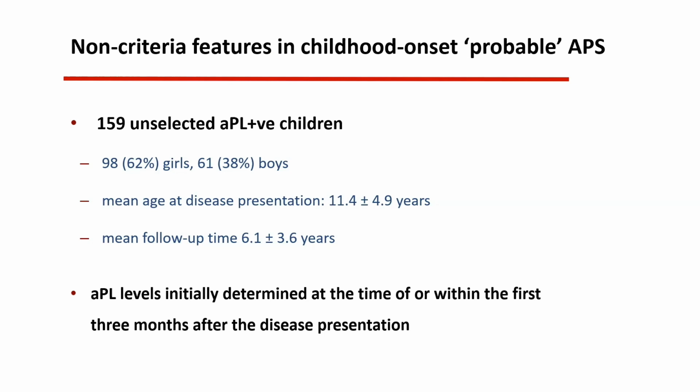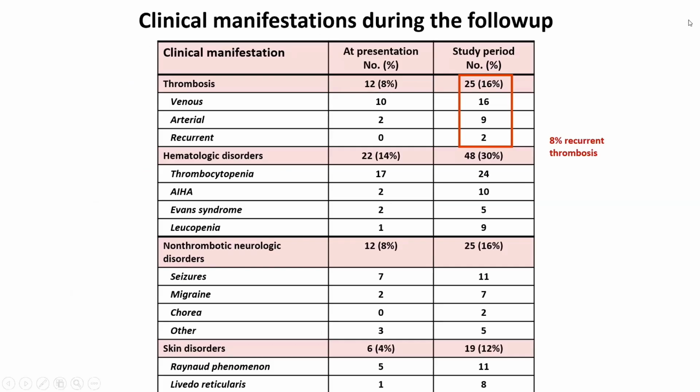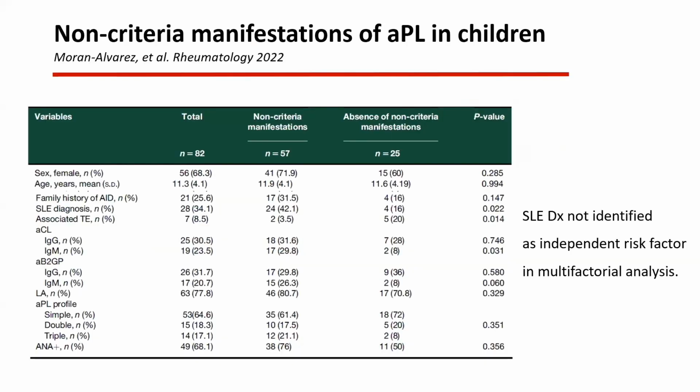These are unselected data from our center on aPL positive children. We evaluated as a follow-up all aPL positive children, and from this unselected cohort, we found that 16% of patients had thrombosis, but all other patients were evaluated for antiphospholipid antibodies because of certain other manifestations, such as hematological, neurological disorders, or skin disorders, and 8% of our patients had recurrent thrombotic event.